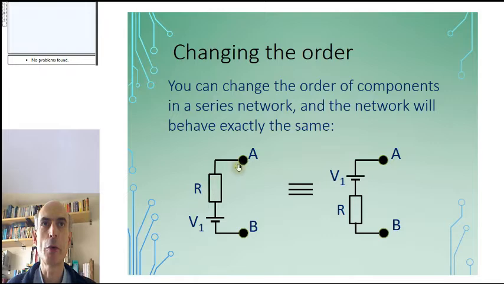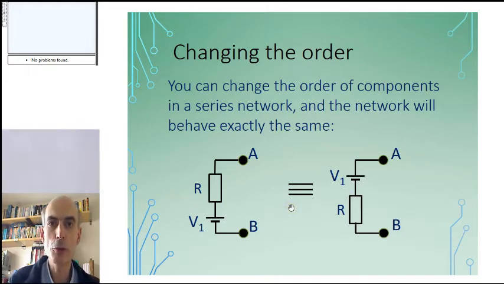With no current flowing, there will be no voltage drop across the resistor. And in both cases, the Thevenin equivalent resistance would just be equal to R. Because if you set V1 to 0, i.e. replace it with a wire, you've just got a value of R between A and B in both cases. So these 2 networks would behave exactly the same.